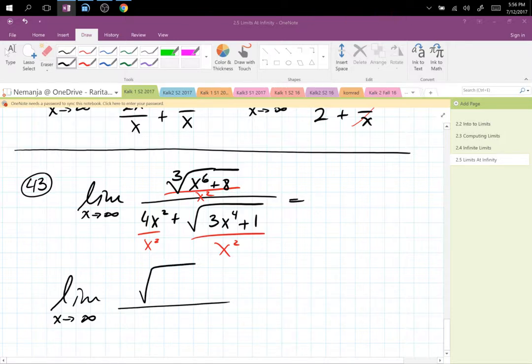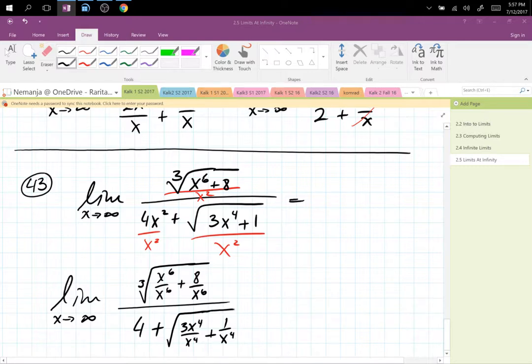So now we have a cube root of x to the 6 divided by x to the 6 plus 8 over x to the 6. These guys will cancel, so it's just 4 plus. And then we have a square root of 3x to the 4 over x to the 4 plus 1 over x to the 4.